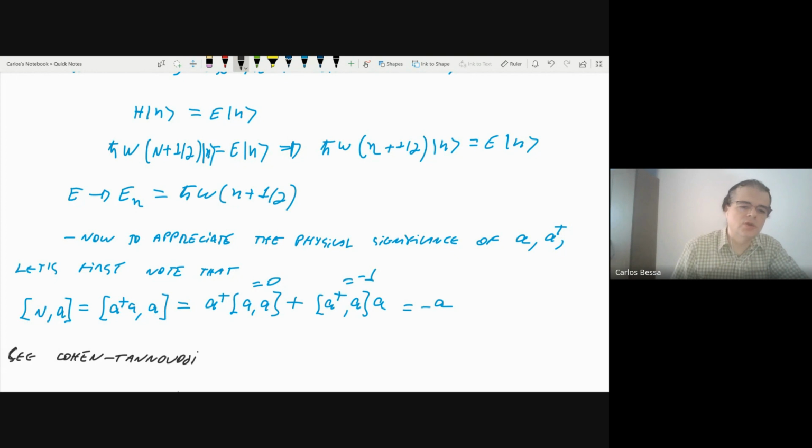Okay, when you have more than two operators in the commutation relations. So see page 168.